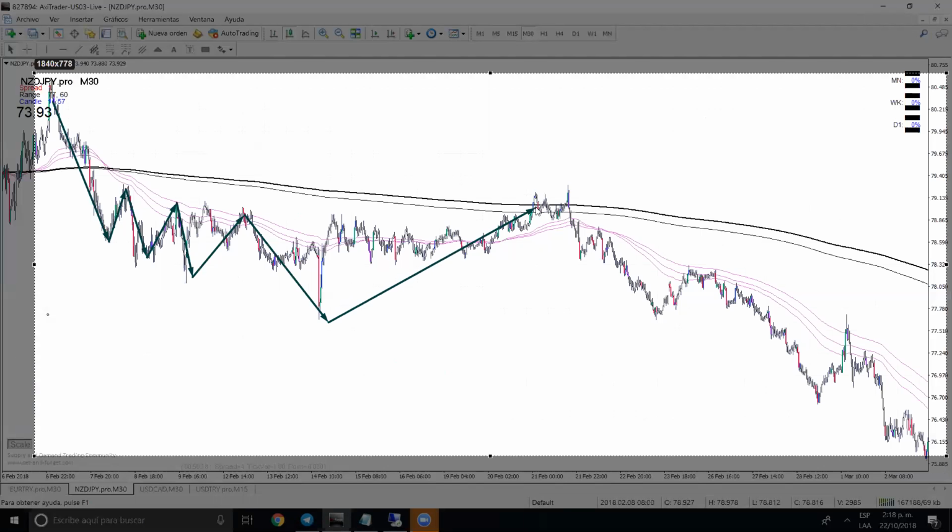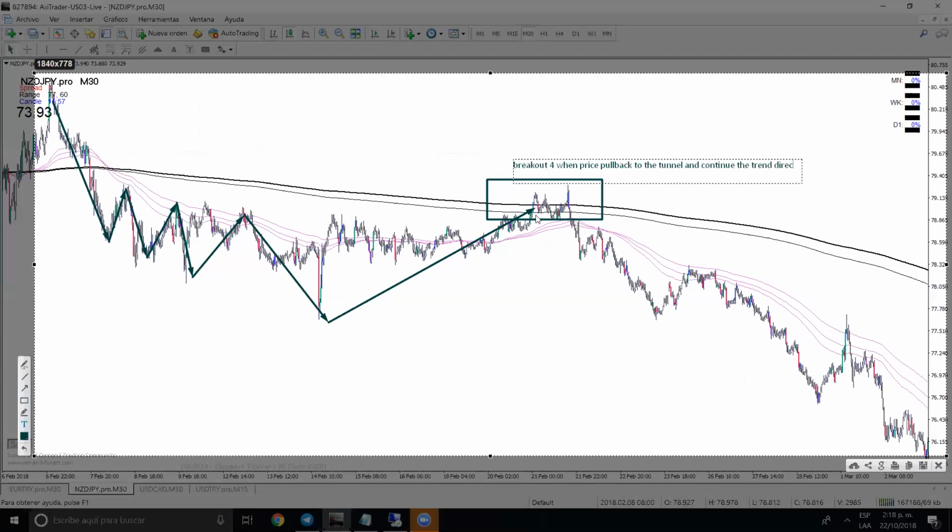And sometimes the price goes to the tunnel. This time, the price is going to pull back not to the wave, just to the tunnel. Okay? This is breakout four, when the price pulls back to the tunnel and continues the trend direction.